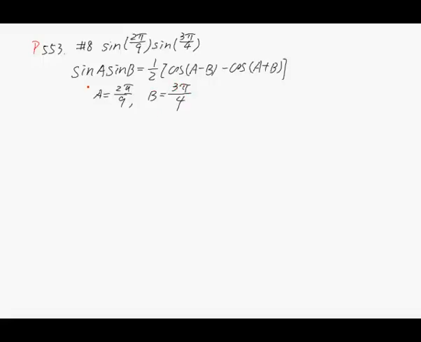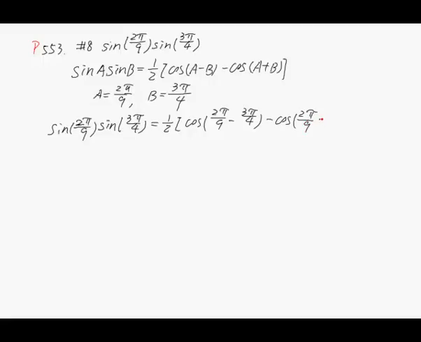So by using this identity, we get sine of 2 pi over 9 times sine of 3 pi over 4 equal to 1/2 times cosine of 2 pi over 9 minus 3 pi over 4, minus cosine of 2 pi over 9 plus 3 pi over 4.